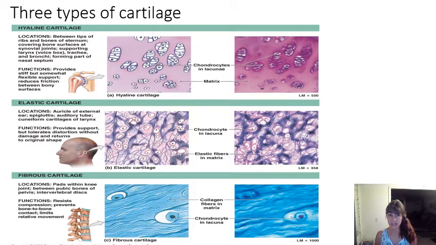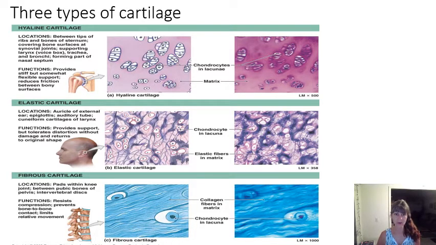Elastic cartilage is found in the auricle of the ear. That's this part of the ear. You can see how flexible it is. It's also found in the auditory tube, the epiglottis, and the cuneiform cartilages of the larynx. Elastic cartilage will provide support.